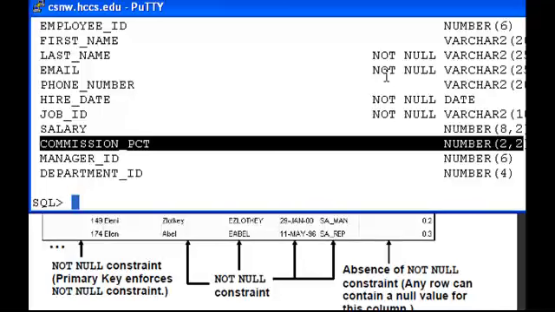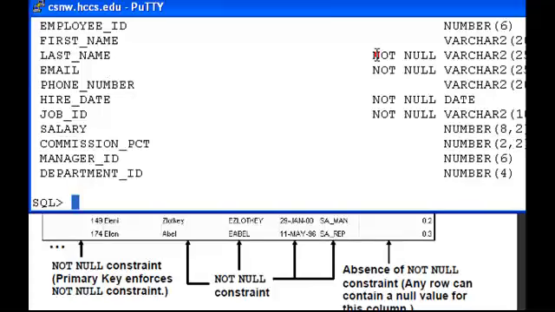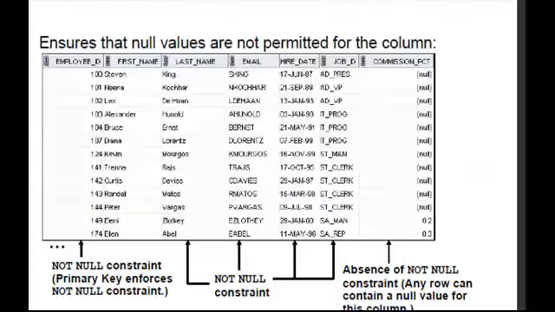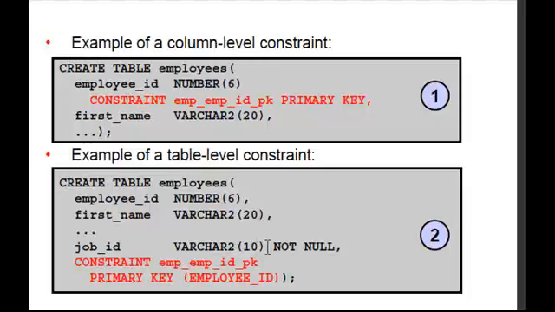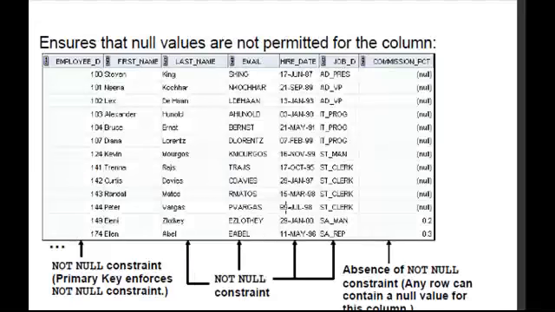Hiring date is not null, email is not null, and last name is not null. Where it says not null right here, it cannot be null. It could be the reason of the primary key, or it may be the not null constraint that we have right here.